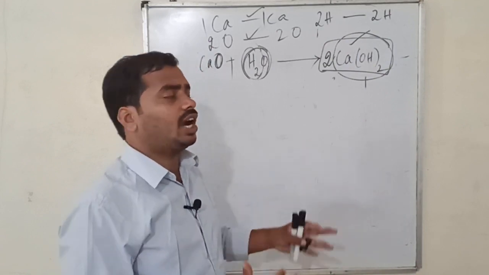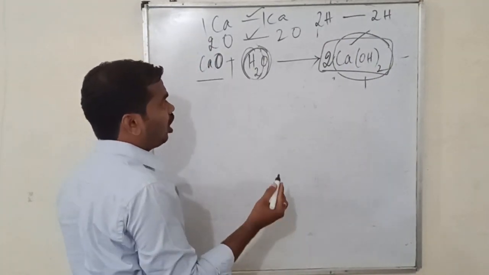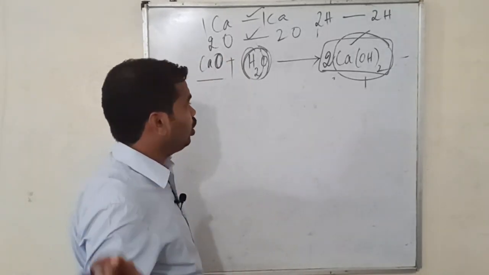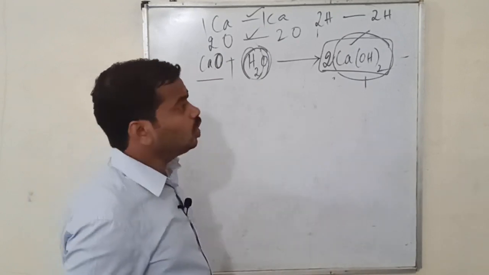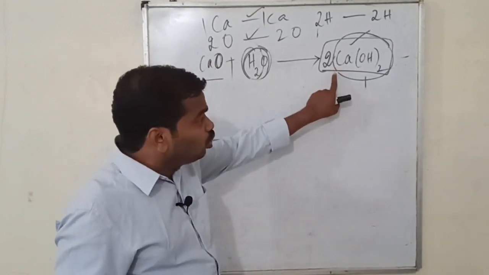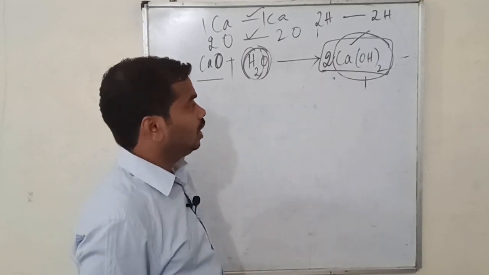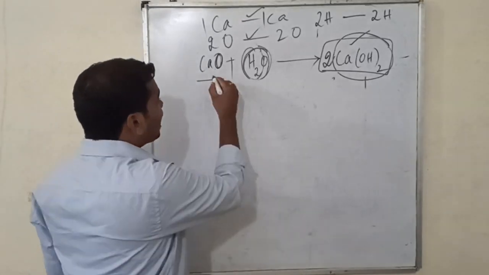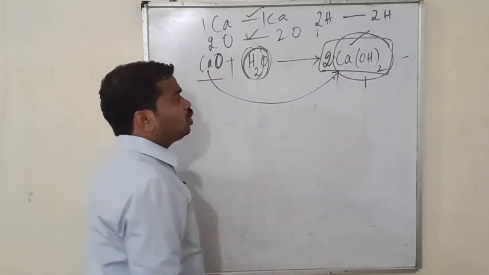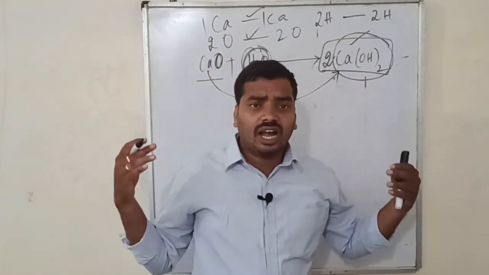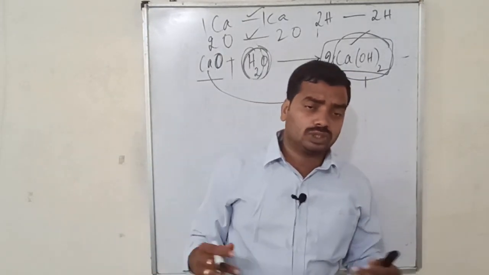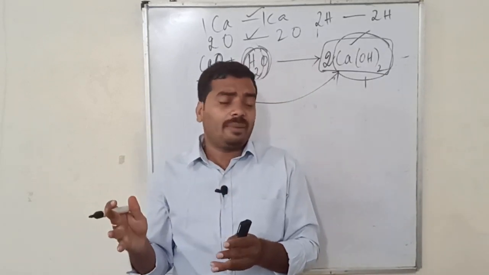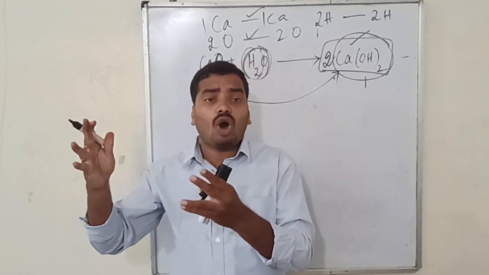I am just supposing the condition. Is this really possible? No, it won't be possible, because if one calcium is able to generate two calcium atoms, then wherever the reaction happens, the reactants would be less and the products formed will be more.